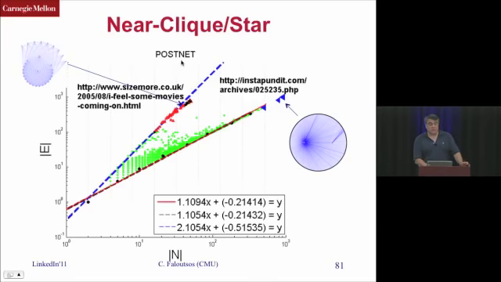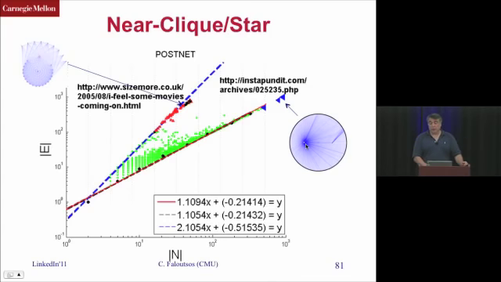So this is a postnet, blogs pointing to each other, blog postings pointing to each other. Every dot corresponds to a blog. And we see that most of the blogs are along a line of slope 1, which means they sort of form a tree. If we look at the furthest away dot here, this corresponds to instapandit.com, which is a conservative blog.